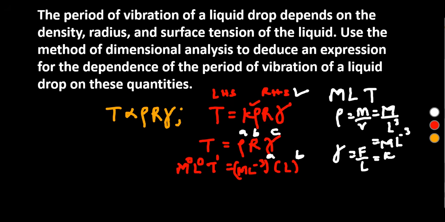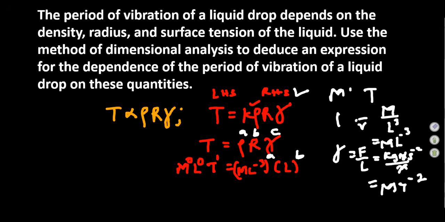So this is kilogram meter per second squared. And length, the unit is meter. So this cancels. We see that the dimension of surface tension will be M T to the power of minus 2. All right. So what we do here, I'm going to clean here.